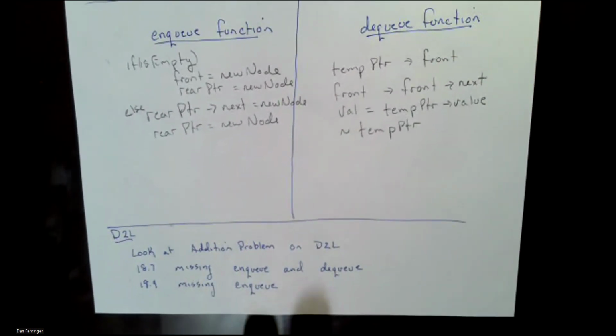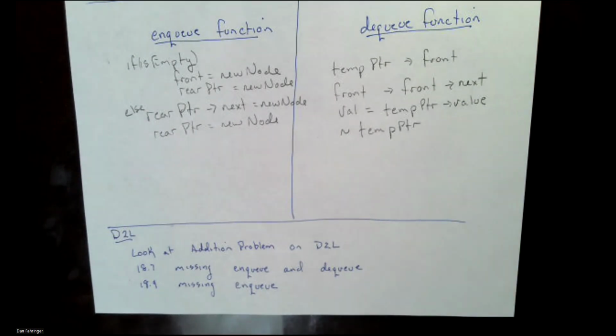We just looked at the addition problem on D2L briefly. Now there should be two other news items on D2L. 18.7 is missing NQ and DQ. 18.9 is missing NQ.